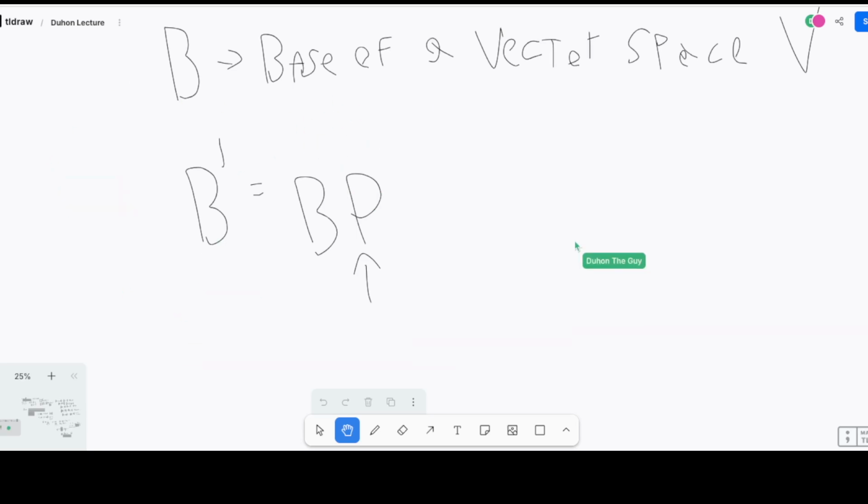A base has some requirements that I'm not going to really touch on, but essentially it makes it so that we can do a lot of cool things with it, and basically just use it as the origin point for vector space V. It's a collection of vectors, but those vectors, as far as I can remember, span V. So you can pretty much just say, oh yeah, I'm going to have (1, 0) and (0, 1).